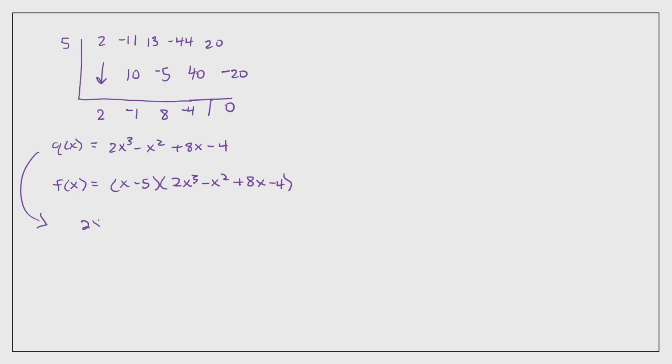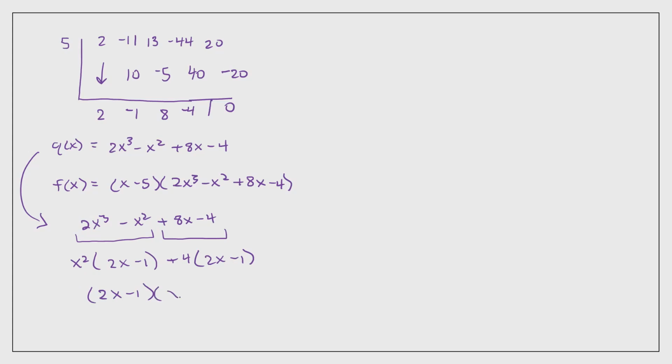So if we take 2x cubed minus x squared plus 8x minus 4, group together the first two terms, group together the last two terms, take out the GCF in the first two, which is x squared, we're left with 2x minus 1. Take the GCF out of the second two terms, and we're left with the same binomial, 2x minus 1, which is the goal. So now we can take the GCF out of these two terms, which is 2x minus 1, which leaves us with x squared plus 4.